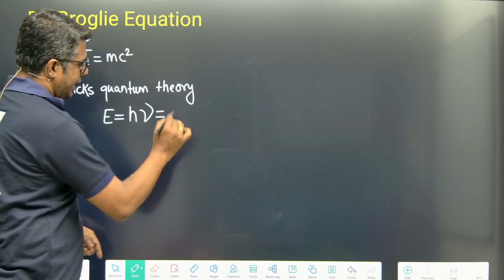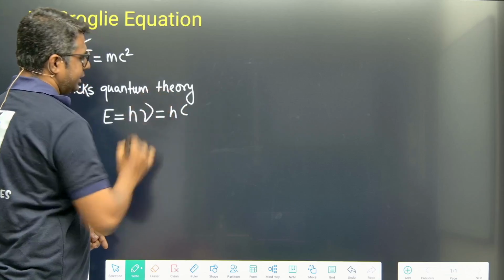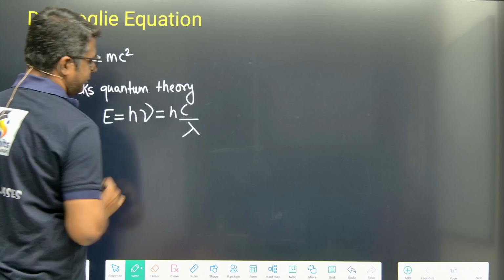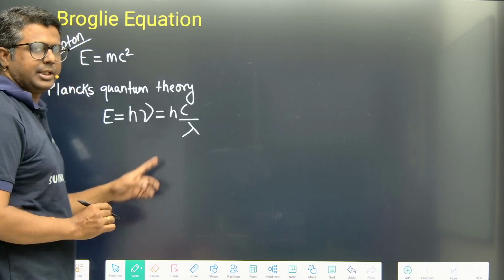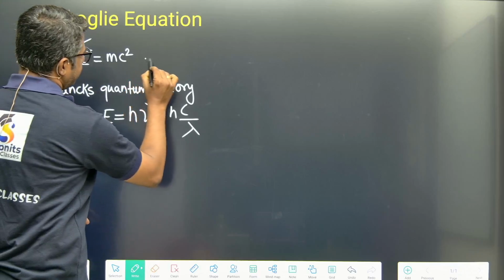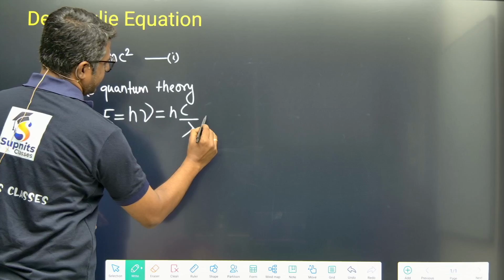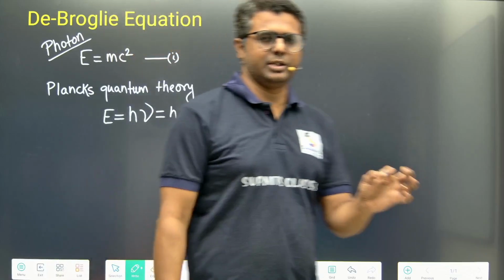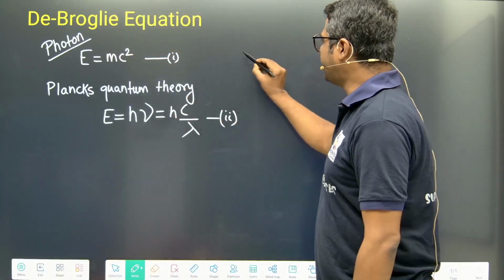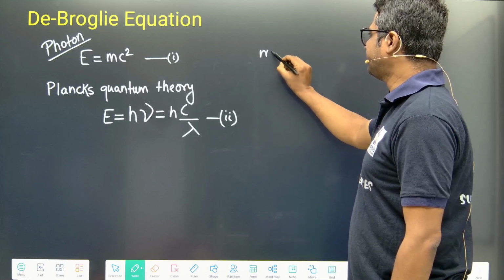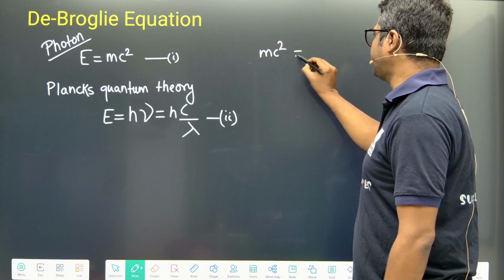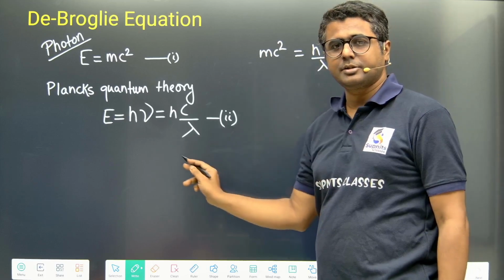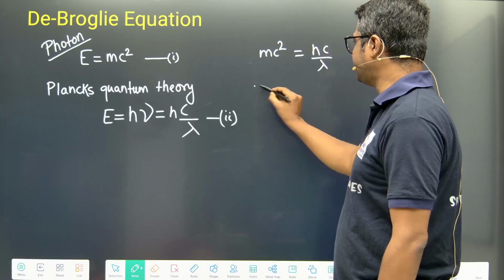Frequency of the wave I can easily write as velocity of light by lambda. If I write this, then definitely at this point of time I have this equation 1, I have this equation 2. Now I am going to equate equation 1 and 2 to get mc square is equal to hc by lambda. Lambda is wavelength of light.